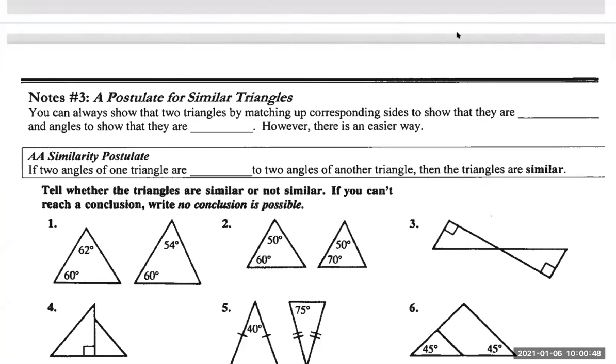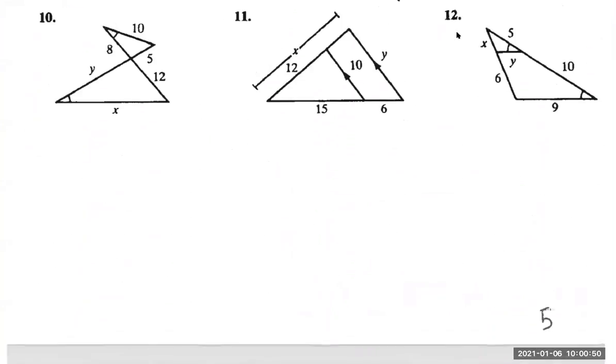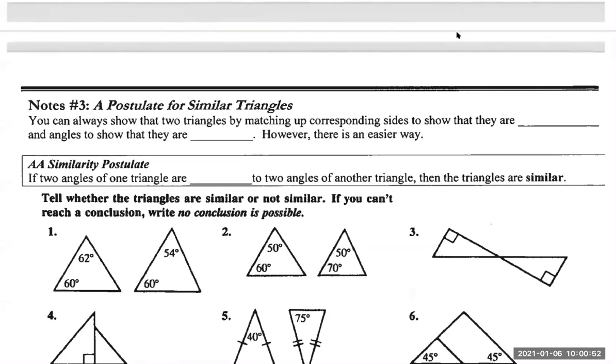So at the very top of page 5, you guys will see that, in summary for what we're going to look at today, the objective for today is similarity and looking at just triangles. I want you guys to remember when we were doing triangle congruence, you had to prove all 3 sets of angles were congruent and all 3 sets of sides were congruent before you knew that the triangles were congruent.